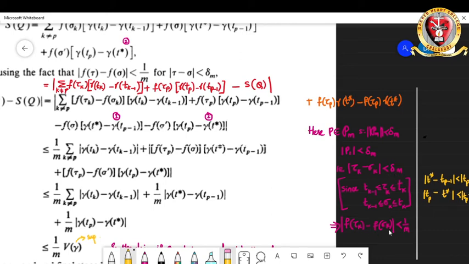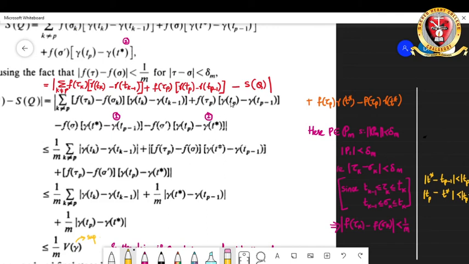That makes us understand that the corresponding modulus of f of tau k minus f of sigma k will be strictly less than 1 by m. So here we can substitute the modulus with less than or equal to 1 by m for each of the terms, and you can take that out.